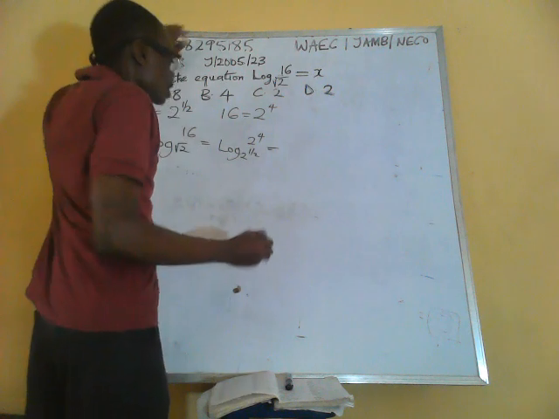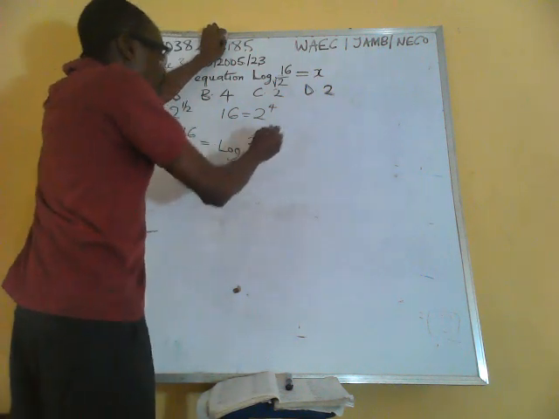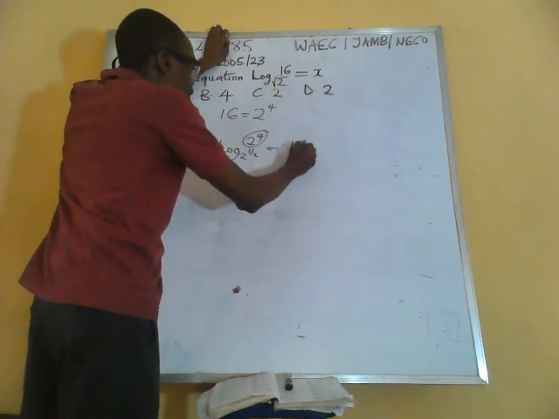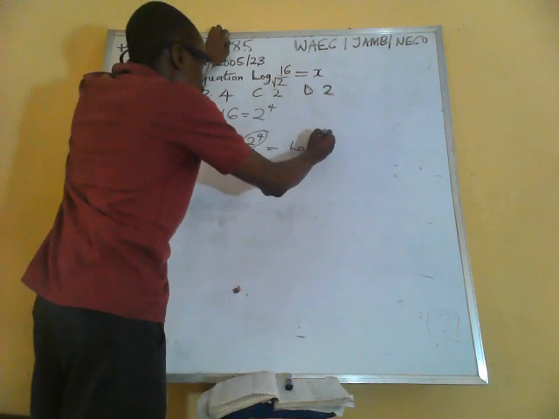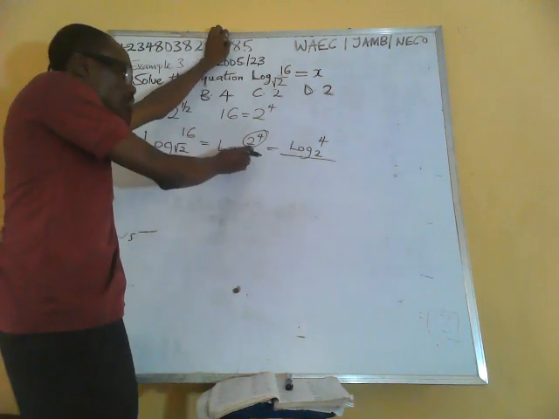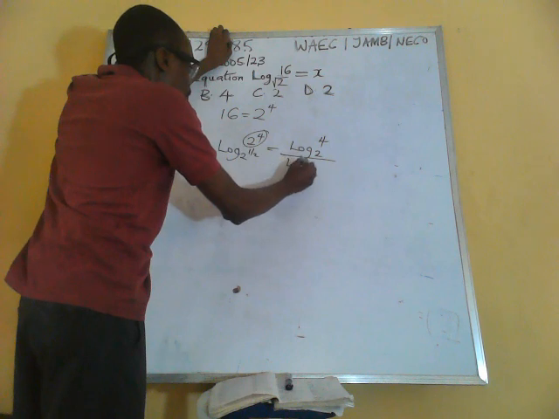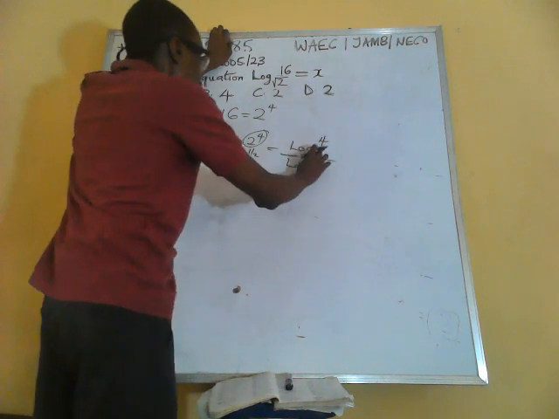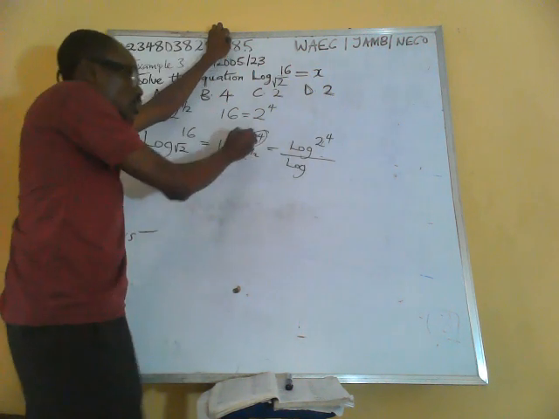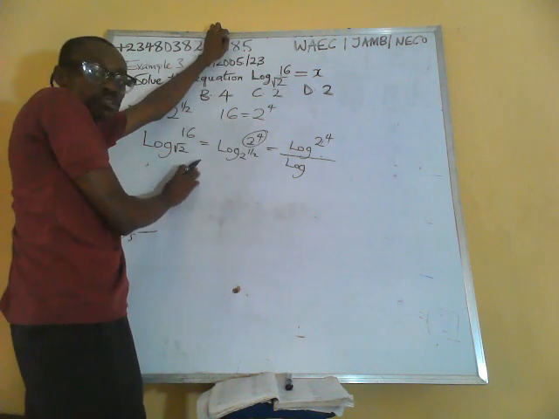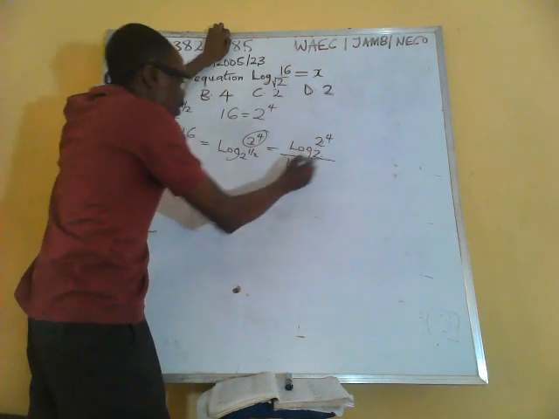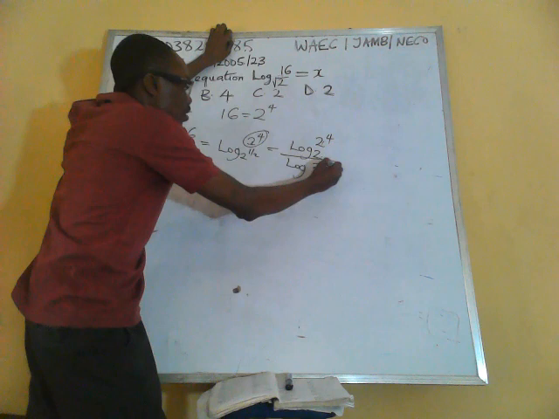We deal with this side, that is going to be log of 2 raised to power 4 to base 2, all over, this side, log of 2 raised to power half. Our change of base we are using is base 2, because both of them are in base 2.